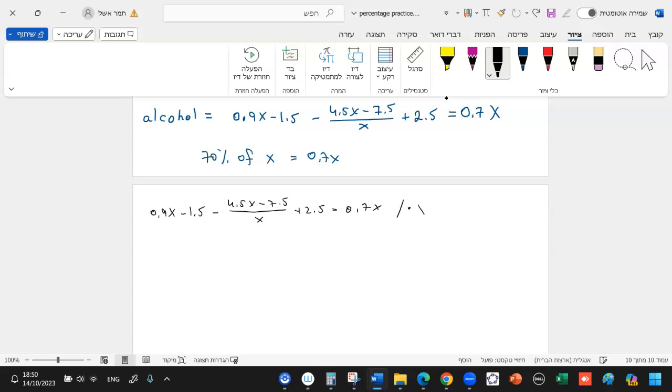Let's multiply everything by x. So this is 0.9x squared minus 1.5x. Notice here we have minus, 4.5x and plus 7.5. Okay, this is like brackets here. Plus 2.5 multiplied by x equals 0.7x squared.